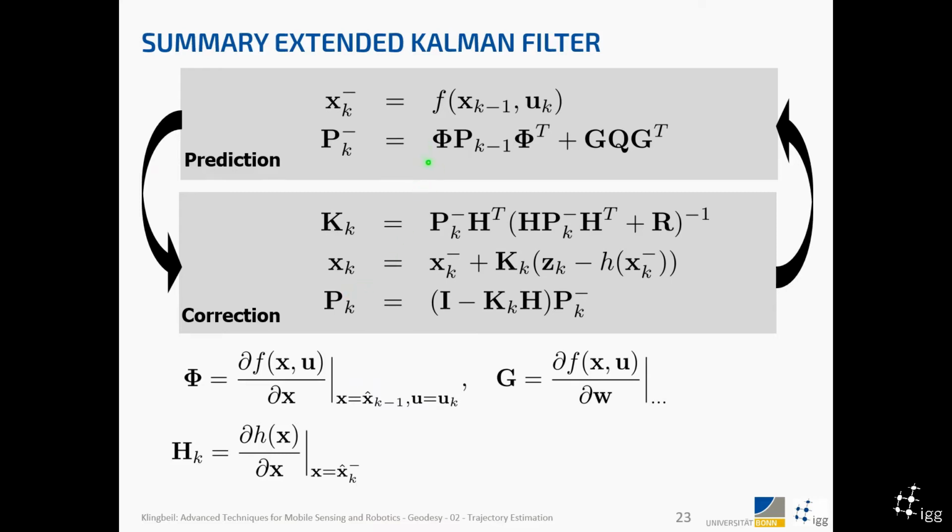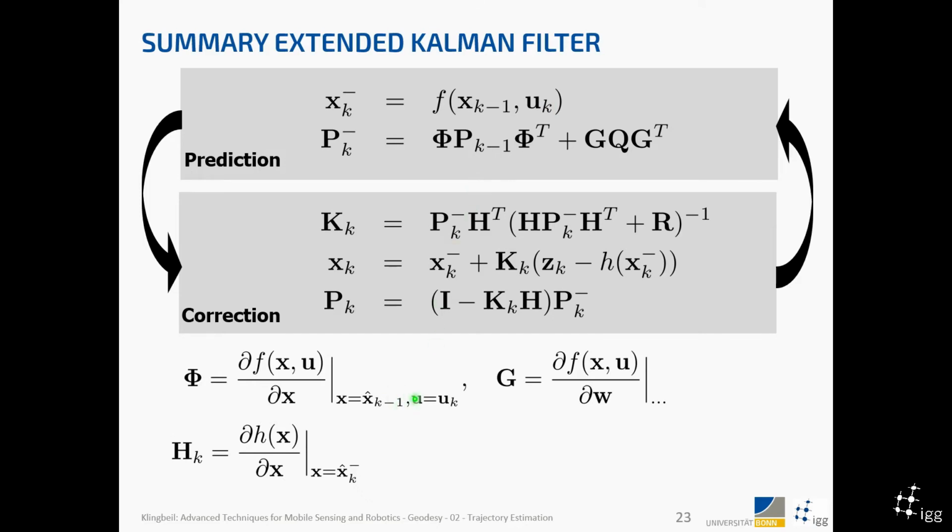Okay, and in the nonlinear case, we can build the extended Kalman filter, and this basically means that we linearize our models. So we can do that for the phi, for the transition matrix. We linearize with respect to the state, and we linearize at the point of the prediction. So we first predict using the function here. We can use a nonlinear function if we want. And then for the linearization, we use that predicted position, or alternatively, that was wrong.